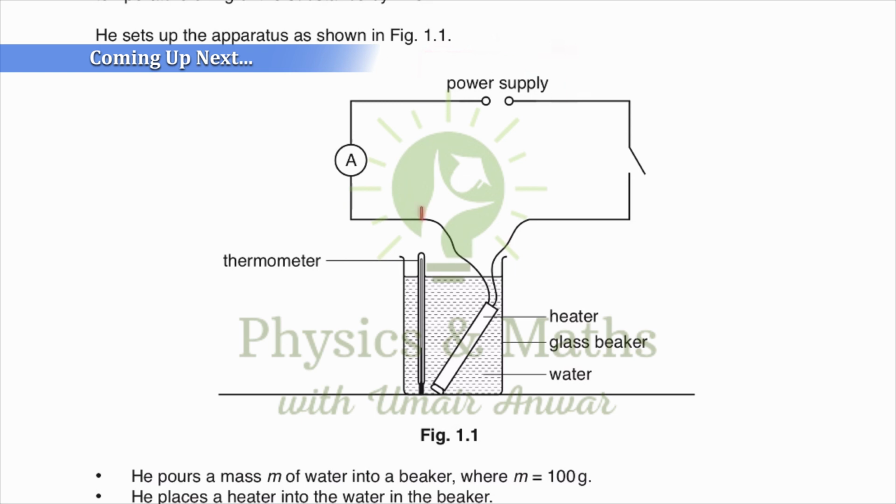Or we could directly connect the voltmeter across the heater over here in parallel. We know that voltmeter is always connected in parallel. So I'm making a voltmeter over here, and this would be connected in parallel with the heater. So the two wires going to heater, they would be connected across the voltmeter, and this is the parallel connection of voltmeter, which would give us the voltage reading or the potential difference reading of the heater.